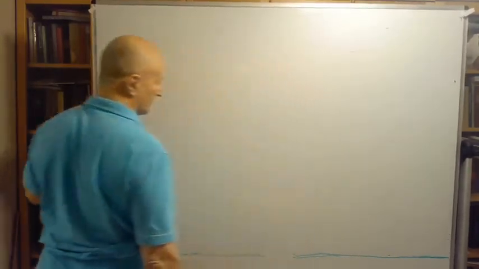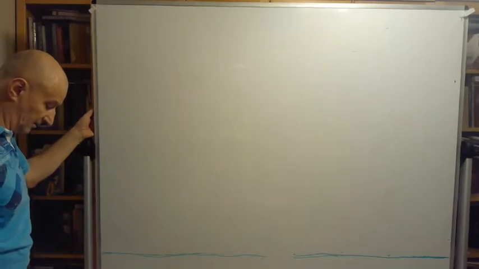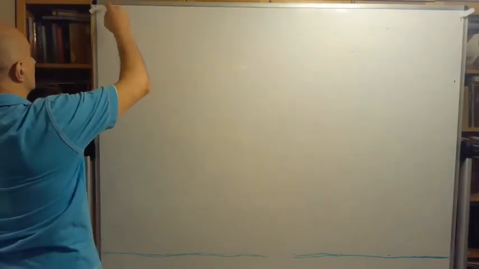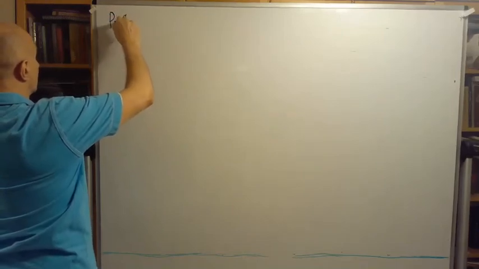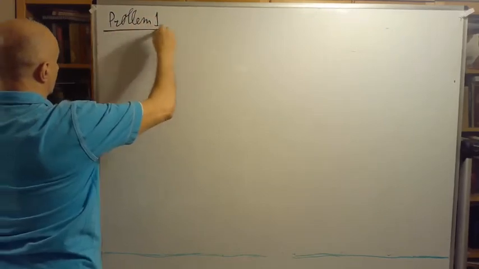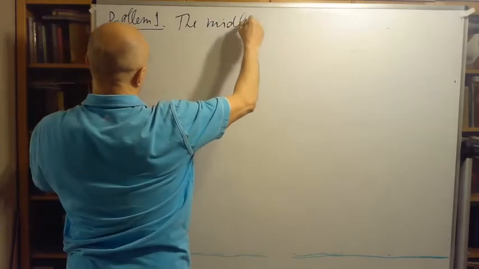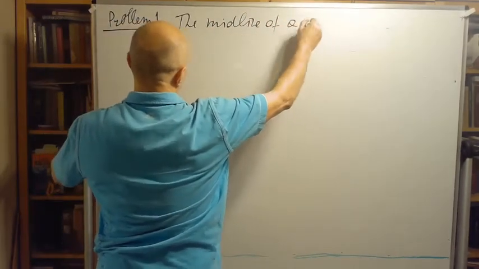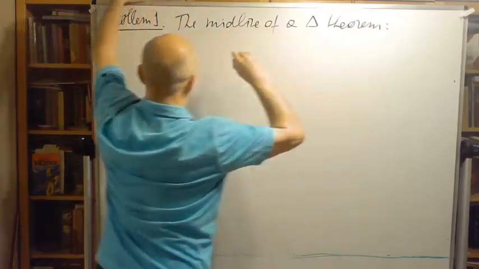One theorem is considered in your textbook and there is a misprint, so I will repeat it again. Problem 1. Prove the midline of a triangle theorem.